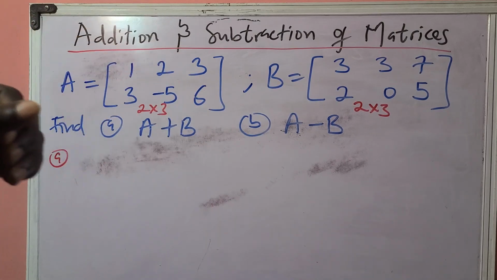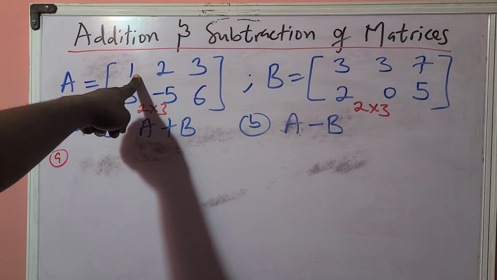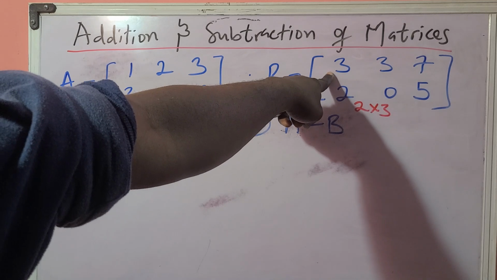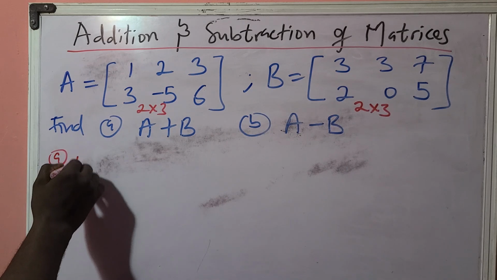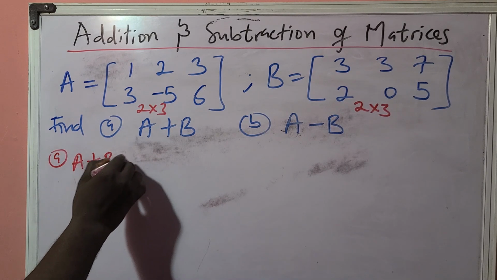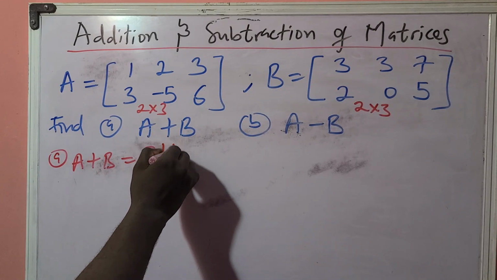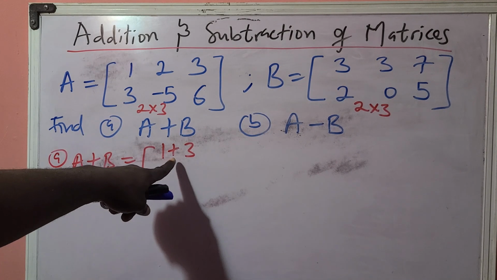So what you do about matrix addition is you take row 1, column 1 of matrix A and add it to row 1, column 1 of matrix B. That means A plus B will be 1 plus 3. That's the first value you will get.